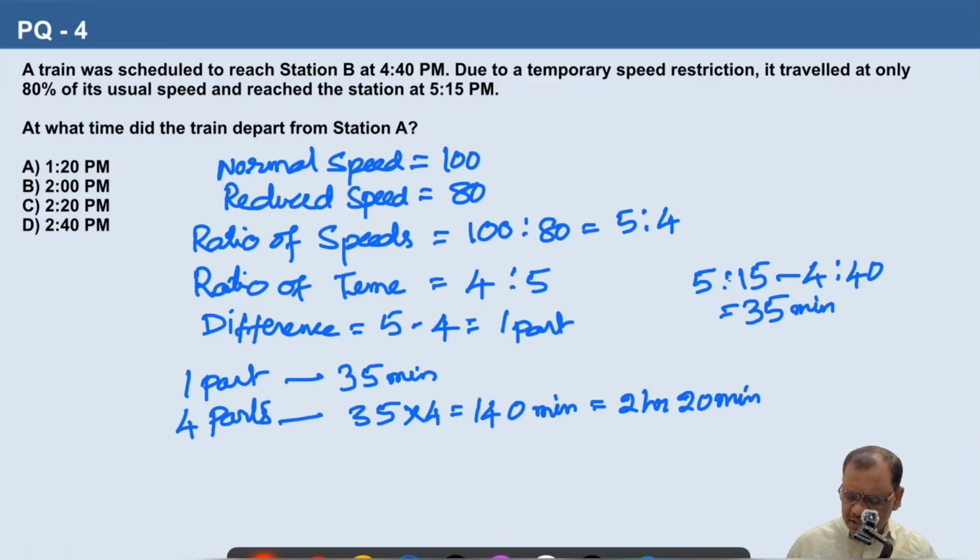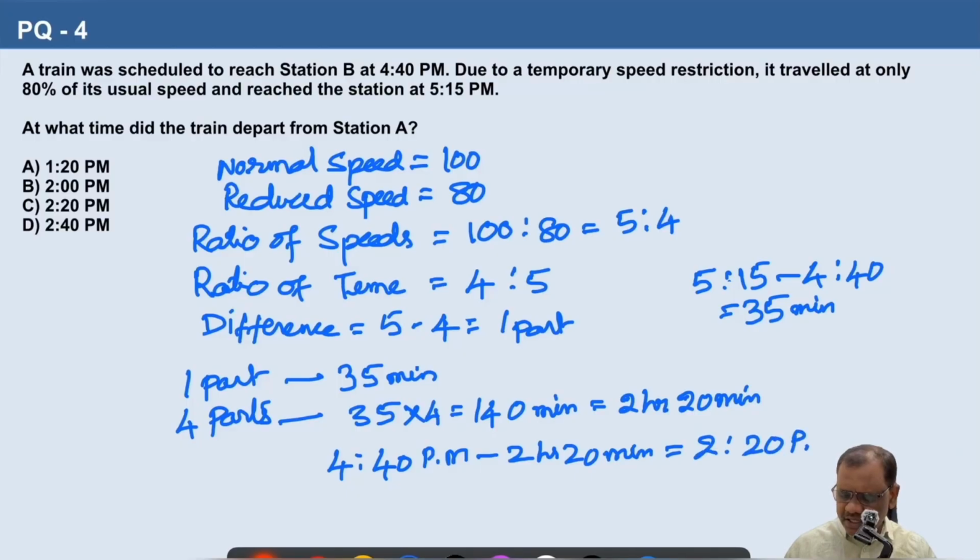From 4:40 we have to subtract 2 hours 20 minutes. 4:40 p.m. minus 2 hours 20 minutes gives 2:20 p.m. So the train might have started at 2:20 p.m. Because we are considering the time taken with normal speed, we have to consider the time of reaching at the normal speed, which is 4:40.